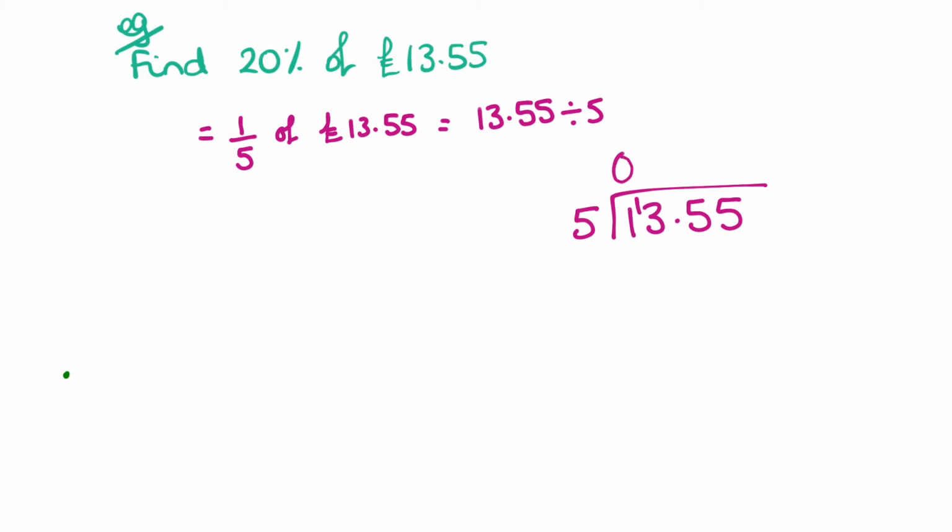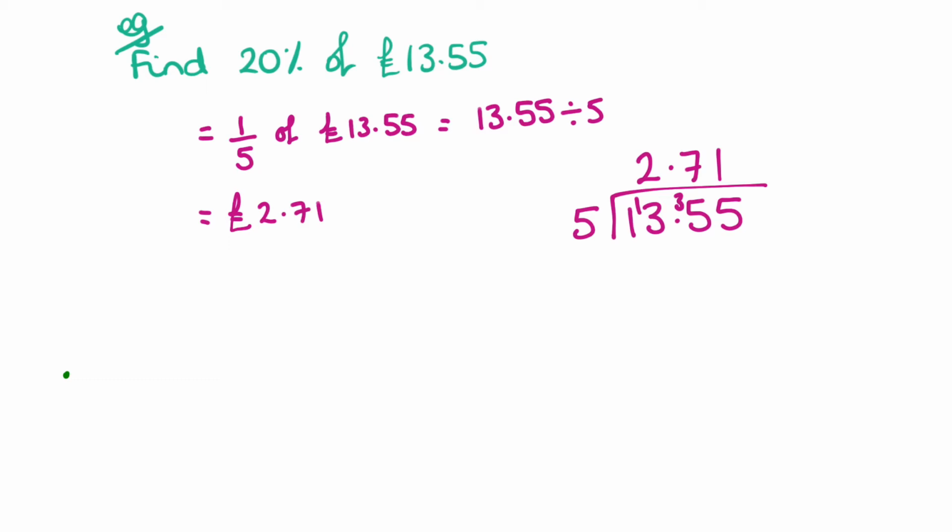We can put a 0 here if we want to, but we don't need that. 5 into 13, there's 2 5s in 13 and 3 left over. We've got to remember when we're dividing to keep our points in line. 5 into 35 goes 7 times, and 5 into 5 goes once. So 1/5 of £13.55 is £2.71.